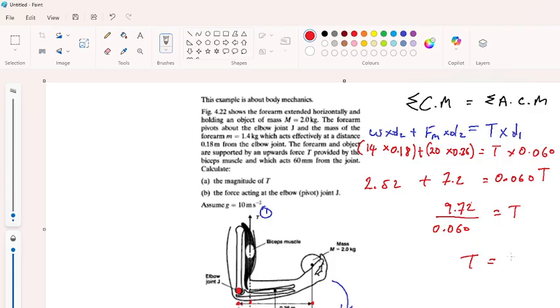We end up with 162 newtons, and that would have been the tension in the muscle. What's my scale? Get that done.